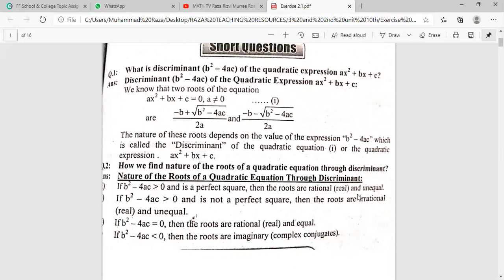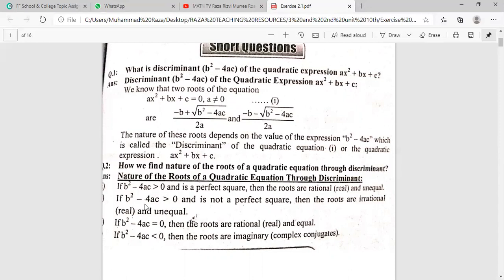It means if b square minus 4ac is greater than 0, that is a positive number, and a perfect square, like 2 square, that is 4, 3 square, that is 9, or a plus b whole square, then the roots are rational and unequal.